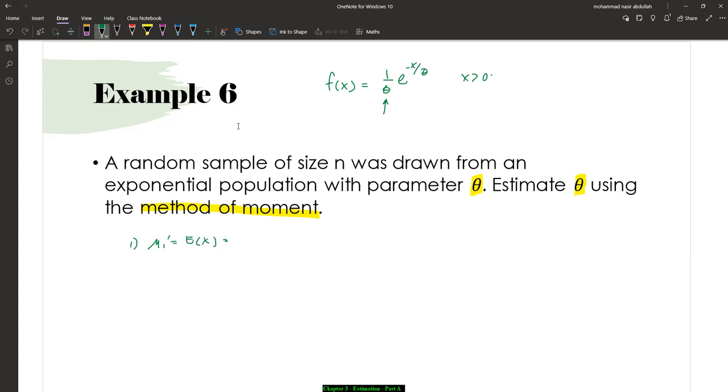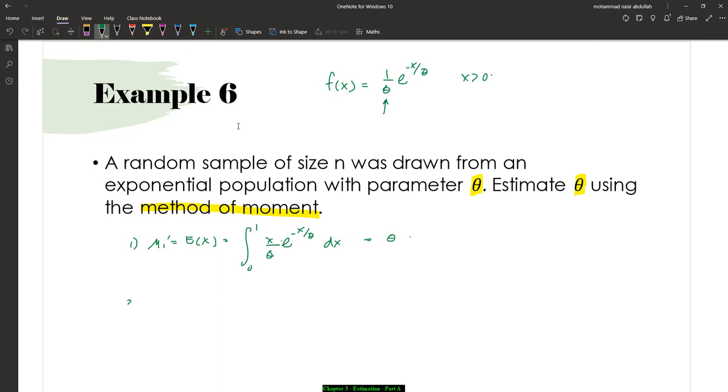So we need to integrate x multiplied with 1 over theta exponential negative x over theta with respect to x. When we integrate this, you should get theta, because the expected of x for exponential is equal to theta.